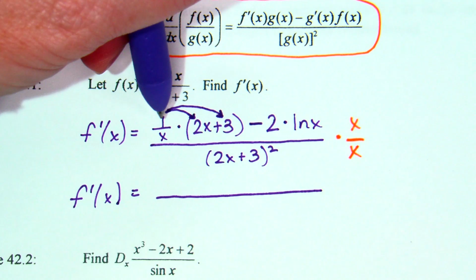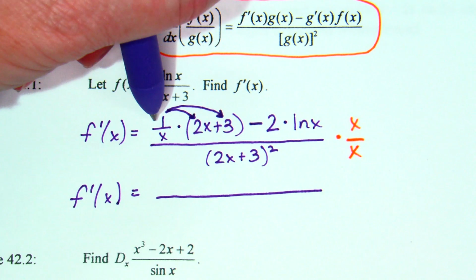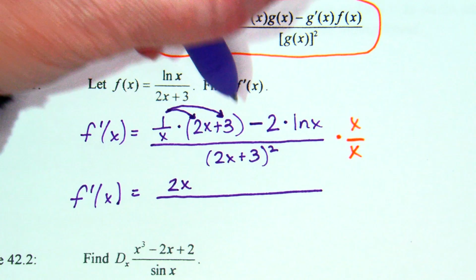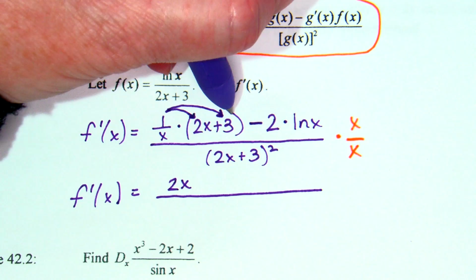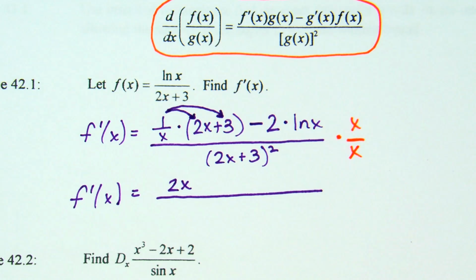So as I distribute, 1 over x times 2x was just going to be 2 times what else? Times this x, which makes it 2x. 1 over x times 3 was going to be 3 over x. 3 over x times x? 3. So that's a plus 3. And then it's minus 2 times ln x.